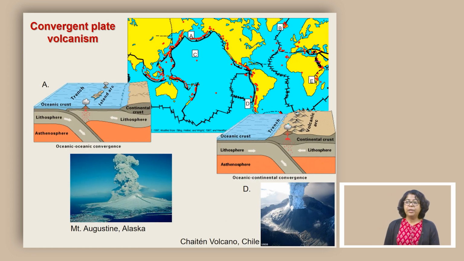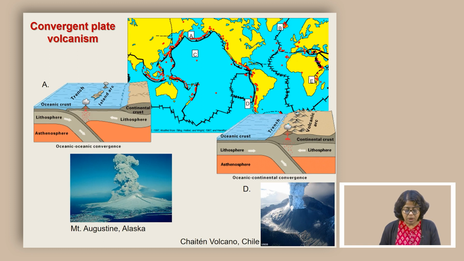The convergent plate volcanism actually works in a slightly different way. Again, we are talking about where the lithosphere is going under another crust, and it can be a continent-continent collision, it can be an island convergence, it can also be a continent-ocean convergence.